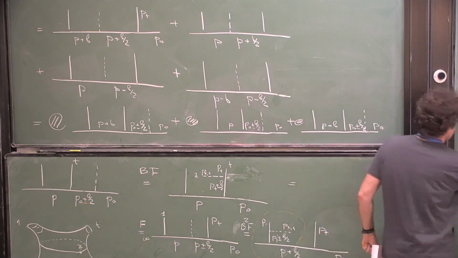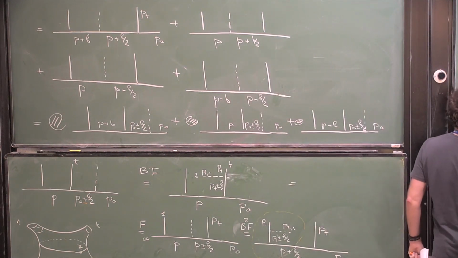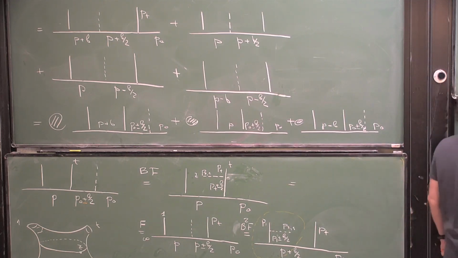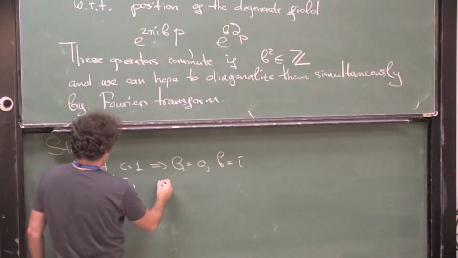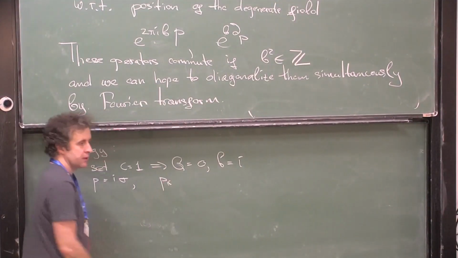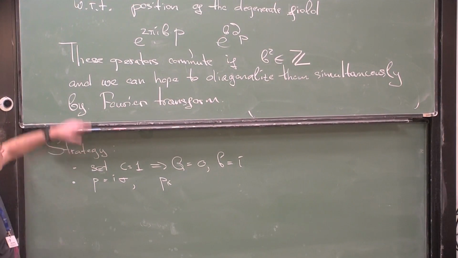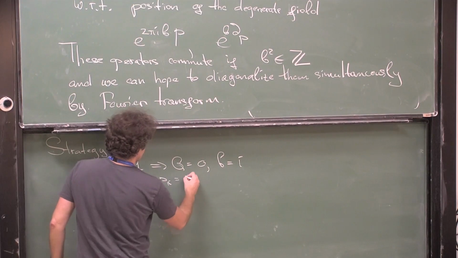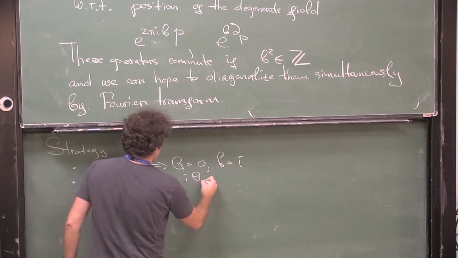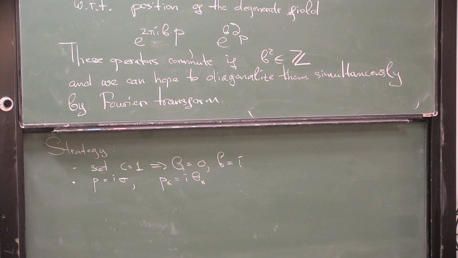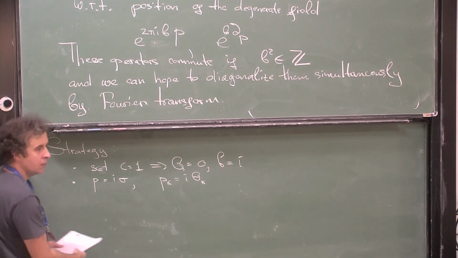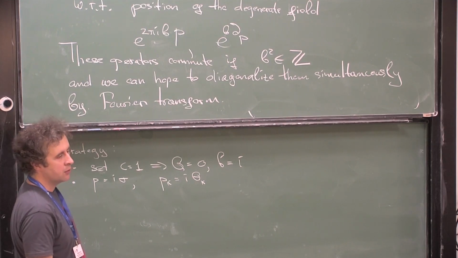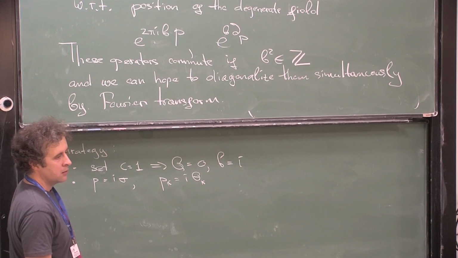And let's also set p to be equal to, let's say, i sigma, and so p_k, the momenta associated to external legs of my conformal block, let's call them i theta_k.